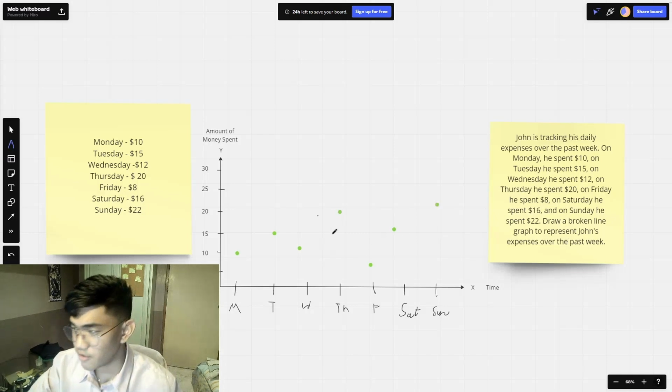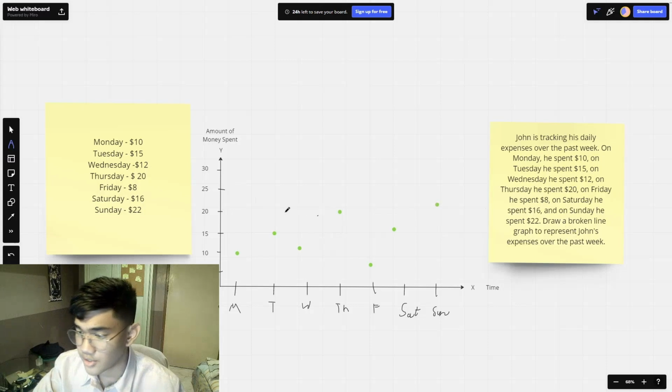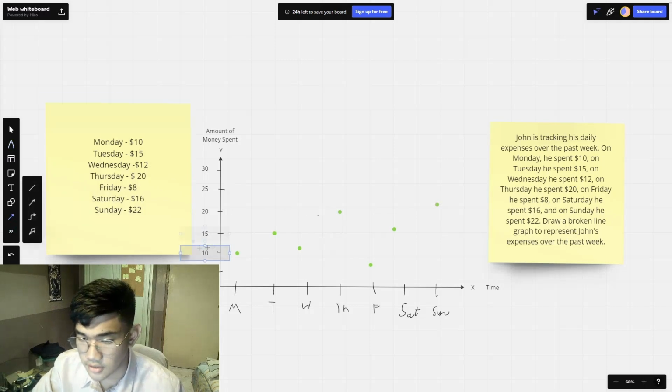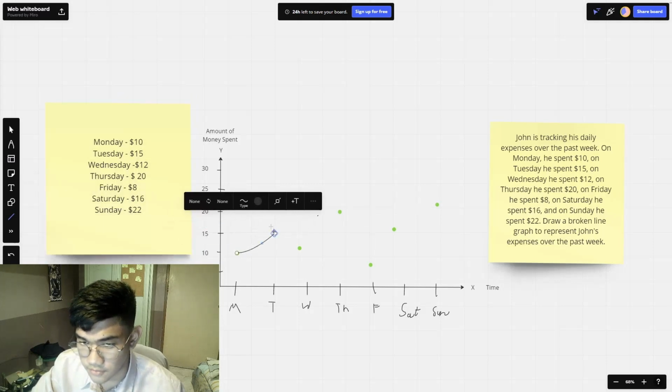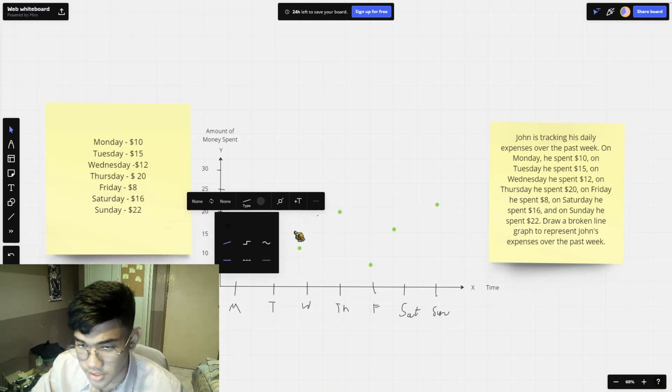So now that we have plotted our points on the graph, let us connect the dots. Let's make that straight.